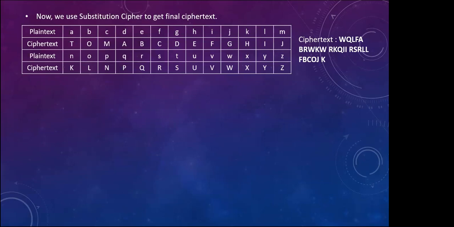So 4 letters are only used, right? Right, okay. So that's why the shift is only till that place, till 4 is covered. I think it's because only 4 letters were shifted, TOMA, right.